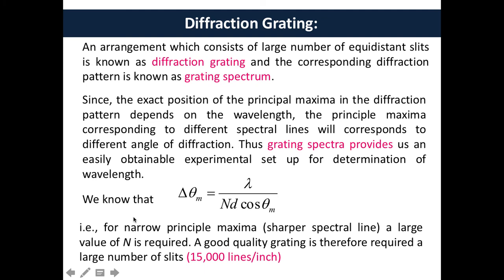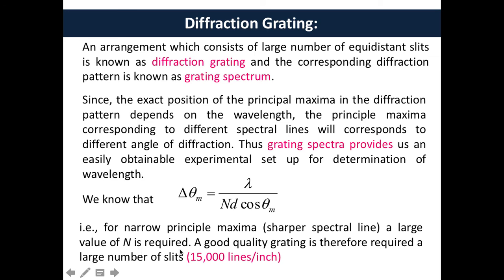We will not derive this equation, but it shows that for a narrow principal maxima, the sharper the spectral line, a large value of n is required.